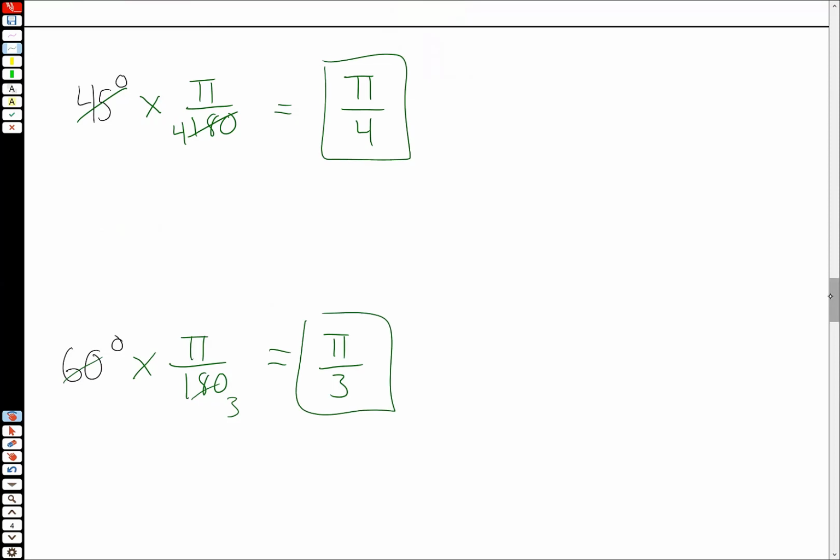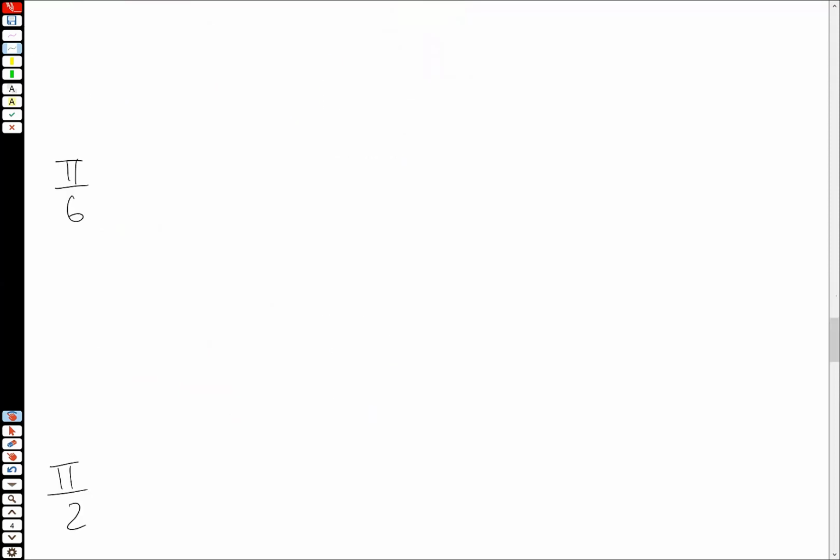Okay, now what if we want to go the opposite way? So pi over 6. So again, if I want to take this, which is in radians, and notice here, you know it's in radians because I don't have that little degree sign anywhere. And there's a pi, although you could talk about pi degrees, so that could be a red herring. But more importantly, there's no degree symbol, so I know this is in radians. Now, if I want to go from radians to degrees, again, what we do is we multiply by 180 over pi.